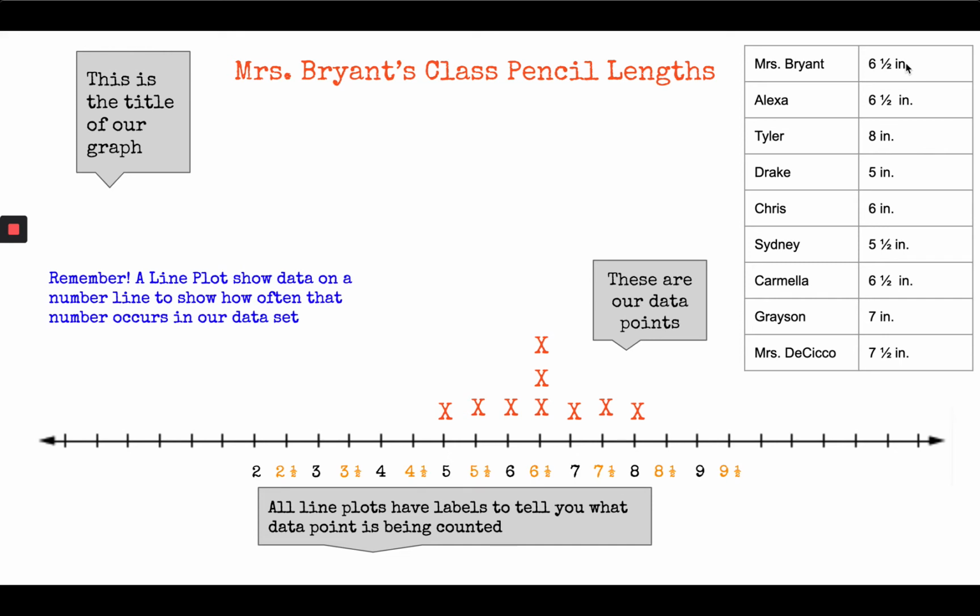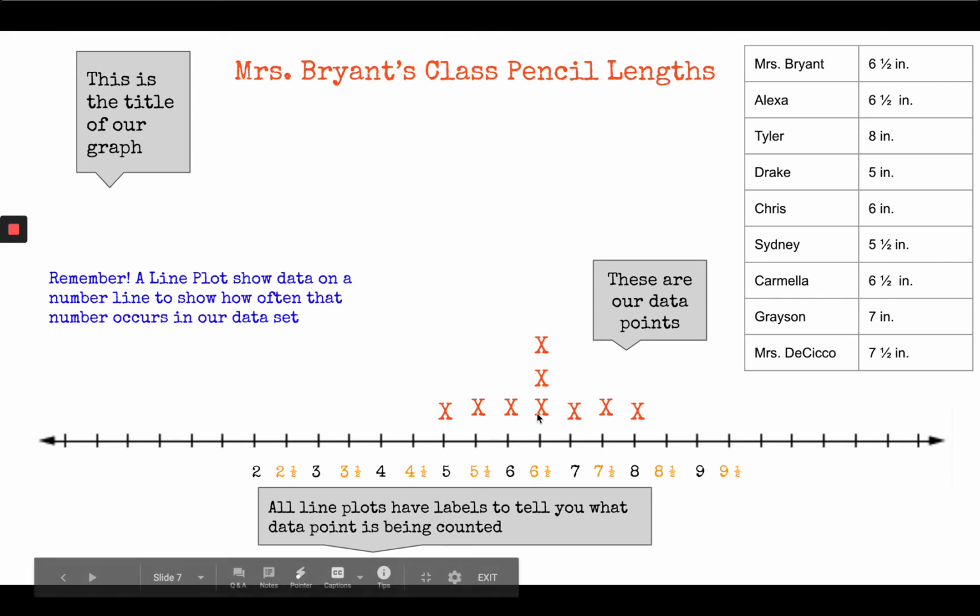I had 3 pencils that measured 6.5 inches, so that's why there are 3 X's there. Okay, I had Grayson with 7 inches, here he is, and Miss DeSico had a 7.5 inch pencil. So remember, a line plot shows data on a number line to show how often that number occurs. So my 6.5 occurred 3 times.